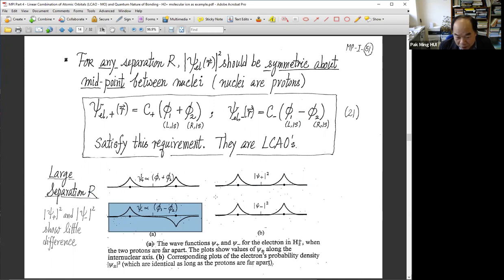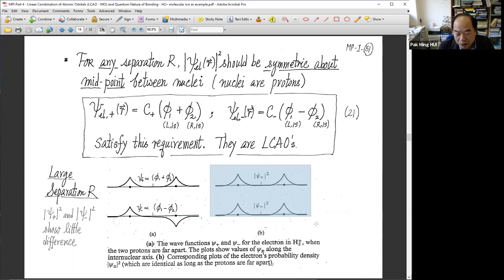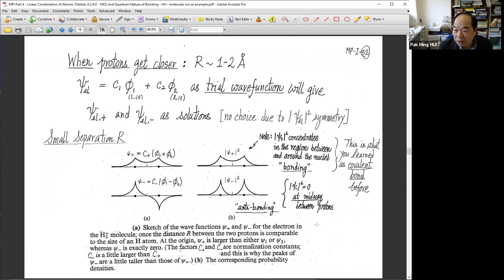If you square it, it looks like this. And you see that for large separation, it doesn't make much difference. The key difference comes in when the separation is not that big. Let's say the separation is something like 1 to 1.5 angstrom to 2 angstrom. Now that is the right ballpark.